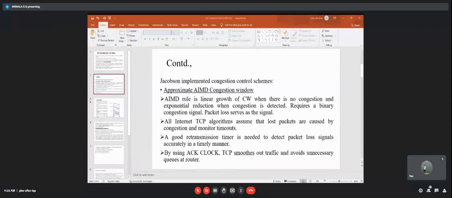If the acknowledgements are not received, then it indicates that the packets have been lost, and the packets need to be retransmitted. You know the difference between TCP and UDP. TCP has a retransmission facility, so the packet loss is less in TCP compared to UDP, right? That is the role of the retransmission timer, to detect the packet loss and retransmit the lost packets. A good retransmission timer is needed to detect packet loss signals accurately in a timely manner.